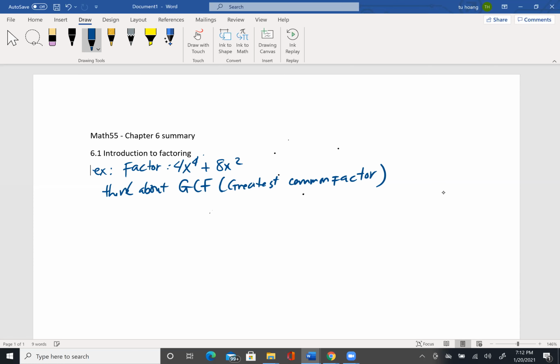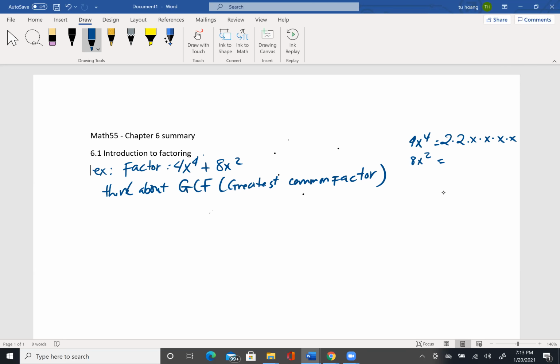Maybe I'm gonna write out on the right hand side 4x to the power 4 and 8x squared. So 4x to the power 4 will be equal to, if you factor everything, 2 times 2 times x times x times x times x, right?